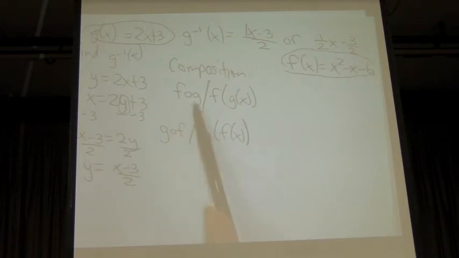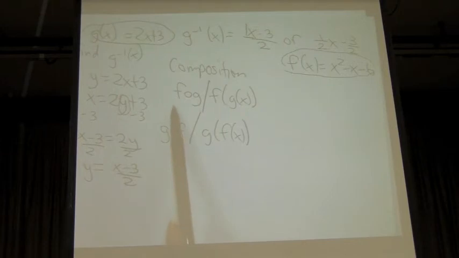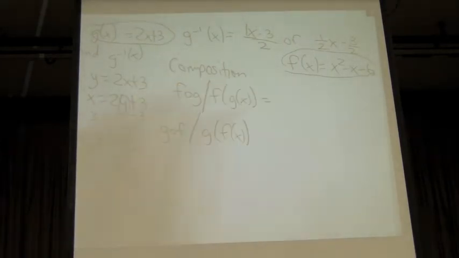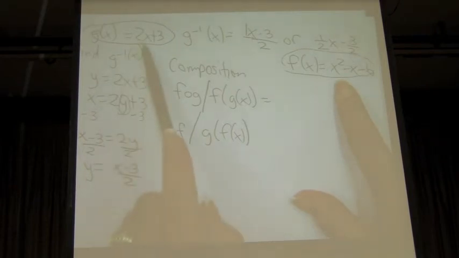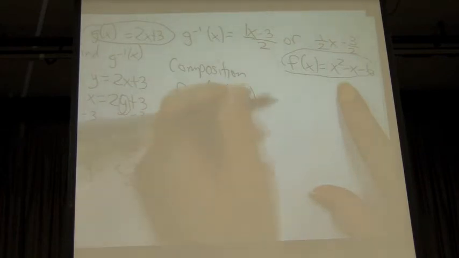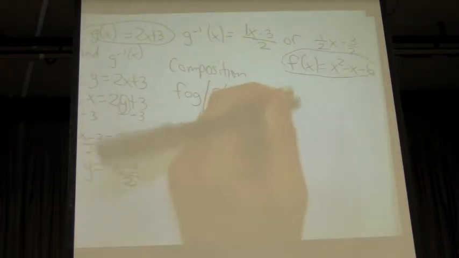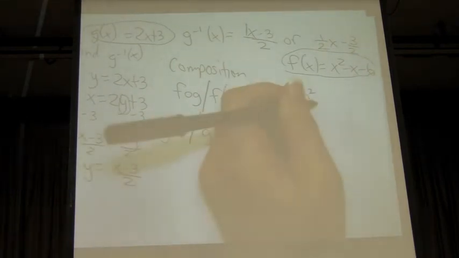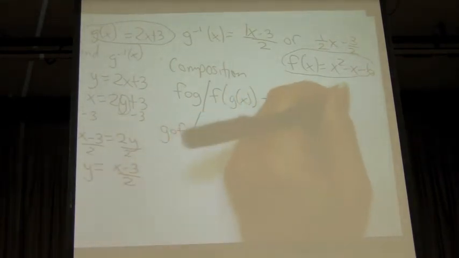You're plugging the g function into the f function. You have x squared, but you're plugging in 2x plus 3 as your x. So it's going to be 2x plus 3 squared minus 2x plus 3 minus 6.